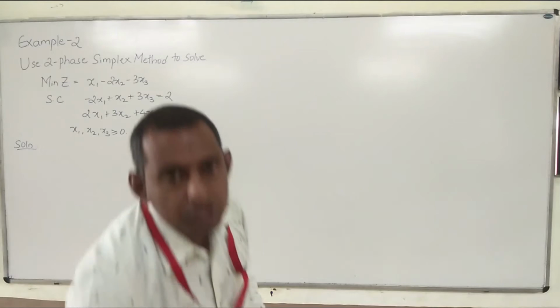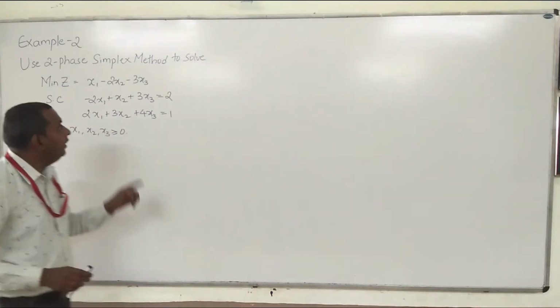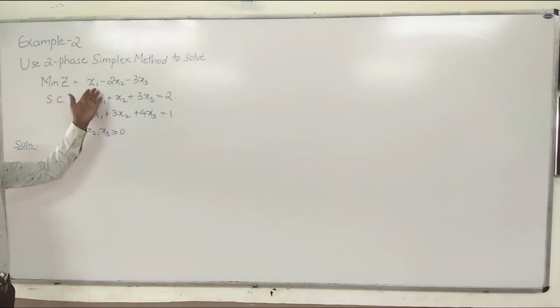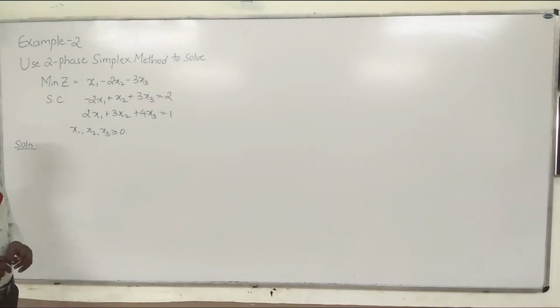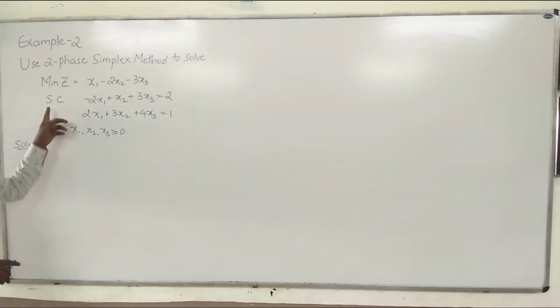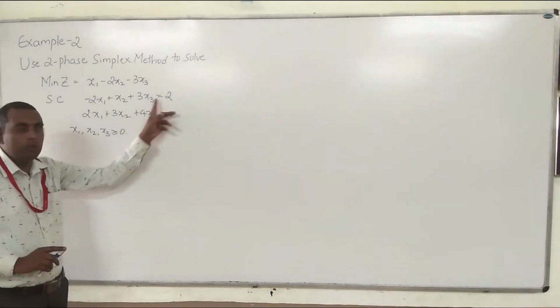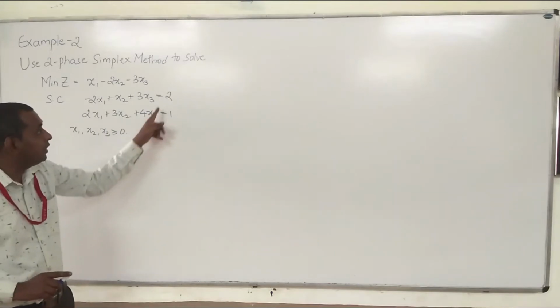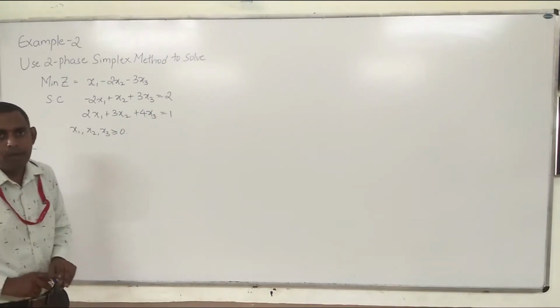The objective function variables are x1 - 2x2 - 3x3, and both constraints are equalities.